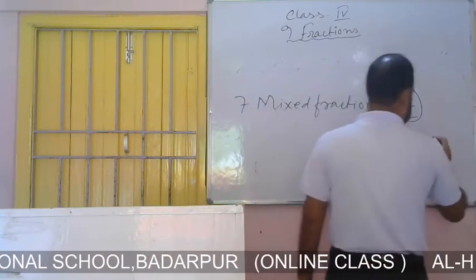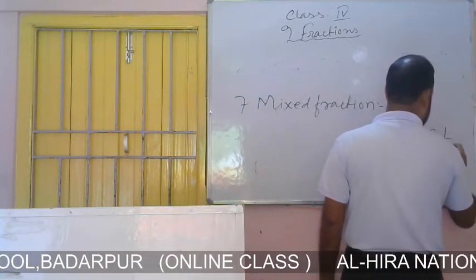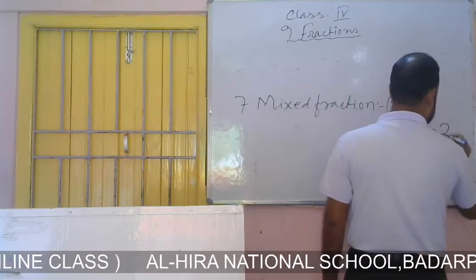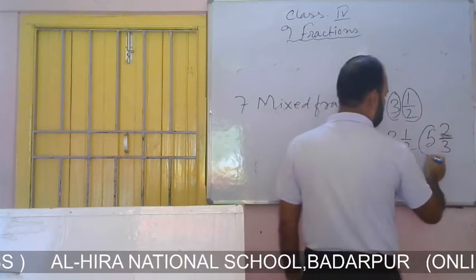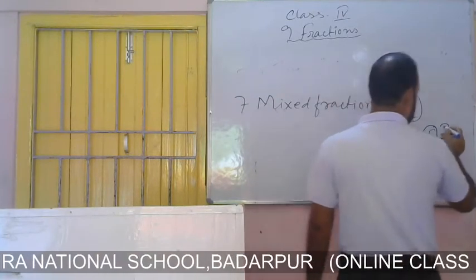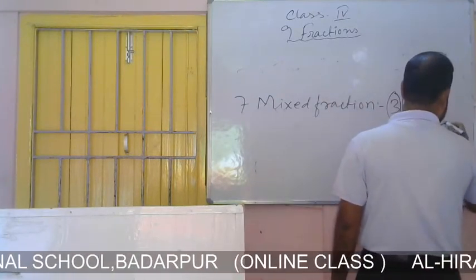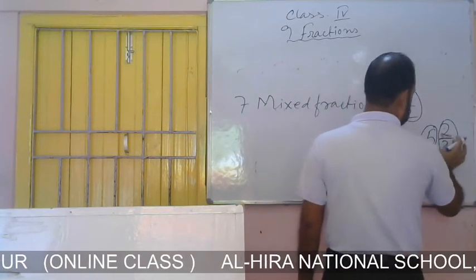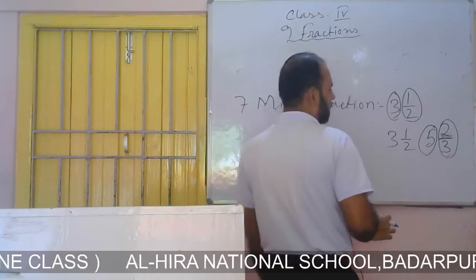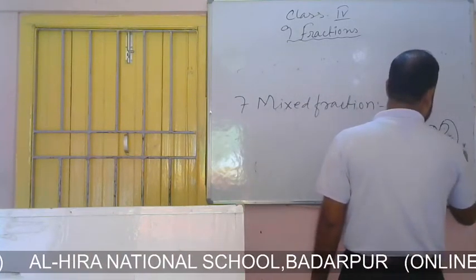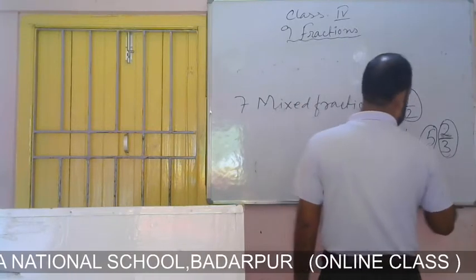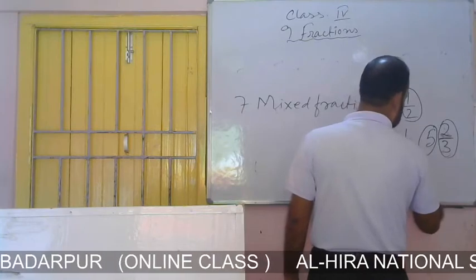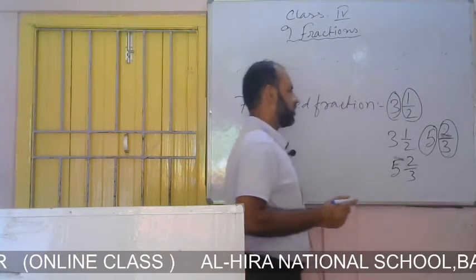Next, suppose 5 2 by 3. This 5 is a whole number and 2 by 3 is a proper fraction. So whole number and proper fraction both are there, so 5 2 by 3 is also a mixed fraction.